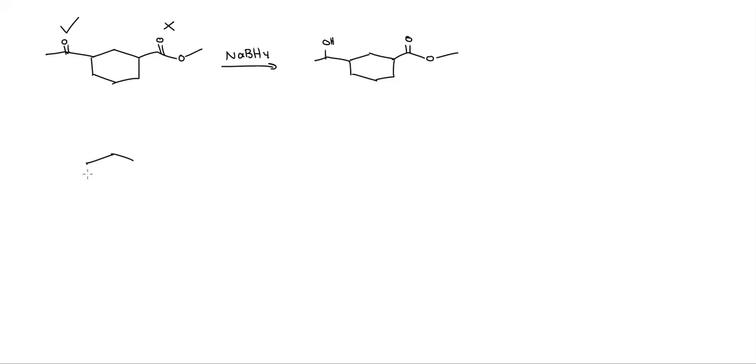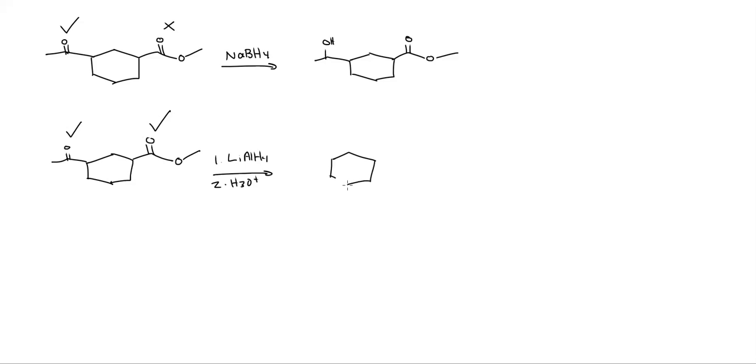Conversely, if I take this very same thing and I use lithium aluminum hydride instead, then what happens is lithium aluminum hydride can reduce this ester, and it can also reduce this ketone.